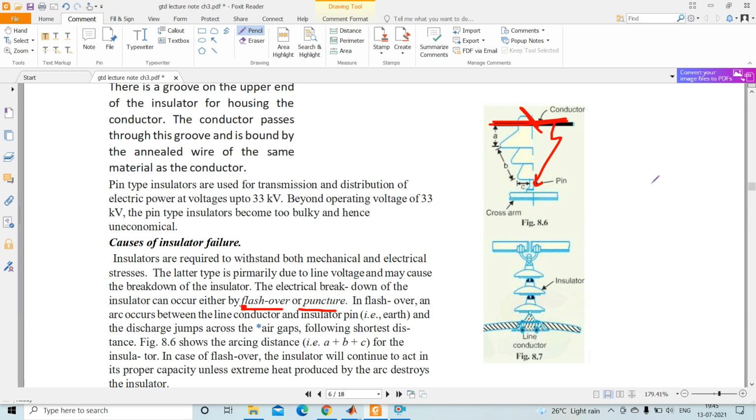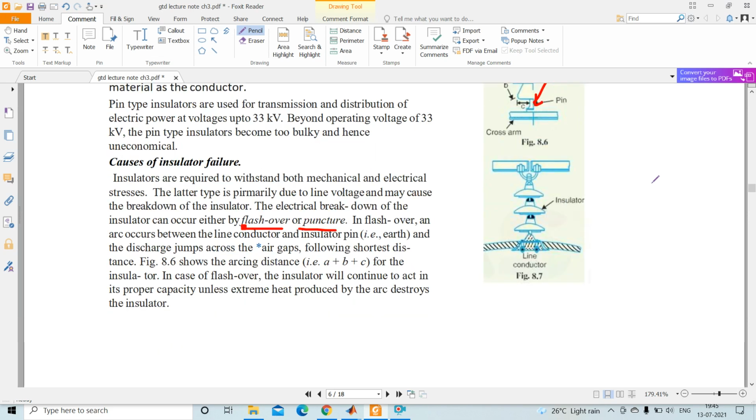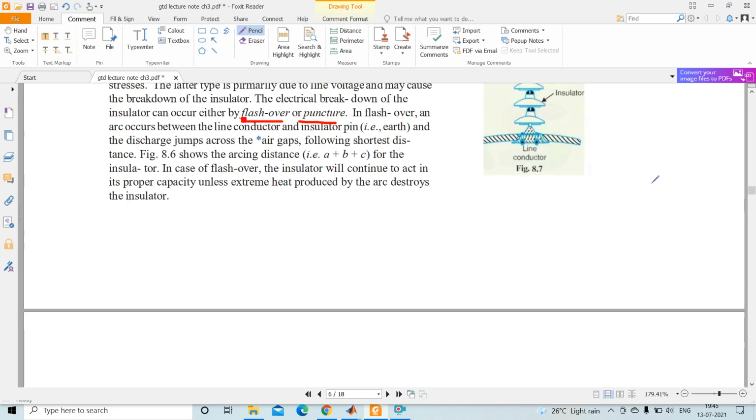Until that point, the insulator continues to act in its proper capacity.